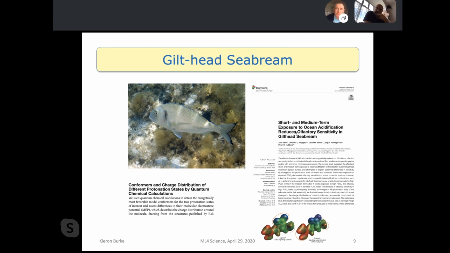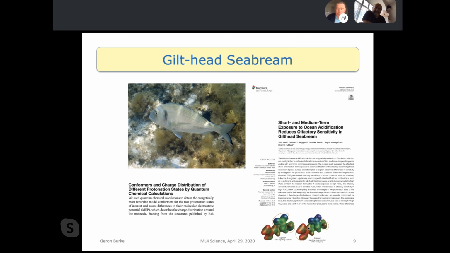It's not a threatened species, but they're looking at what happens when you change the pH of the water a tiny, tiny bit and make it a little more acidic. What they found is that the fish's sense of smell goes way down, which means they're much more liable to be eaten by predators, since they use smell to avoid the predators. And we see here in the bottom right-hand corner DFT calculations of the olfactory molecules. So I claim you can now do DFT calculations of fish and get them published in good journals.